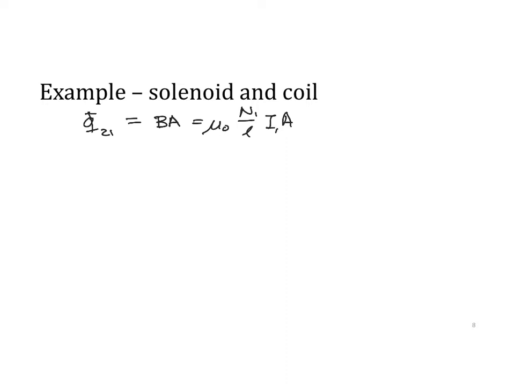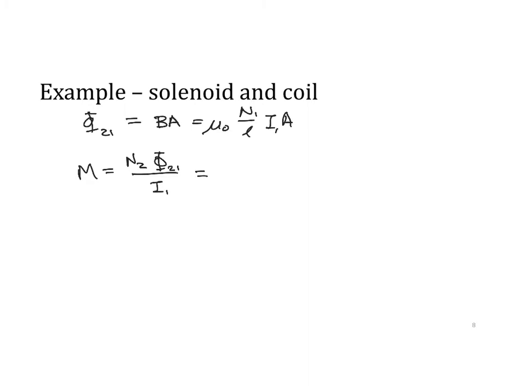So we can spot right here that we can take this and figure out our mutual inductance. So our mutual inductance, remember, should be, so we're looking at because of coil 2 on coil 1, or other way around, because of coil 1 on coil 2, right? Our mutual inductance should look like that.